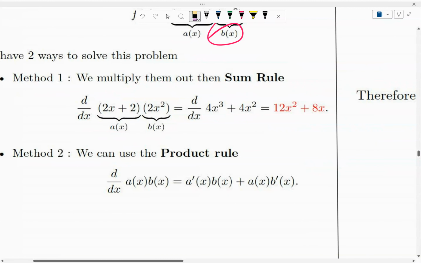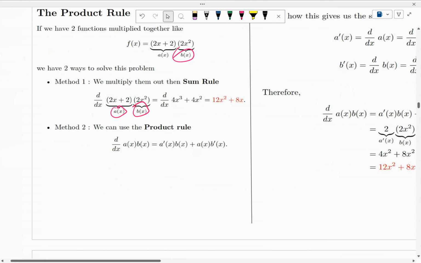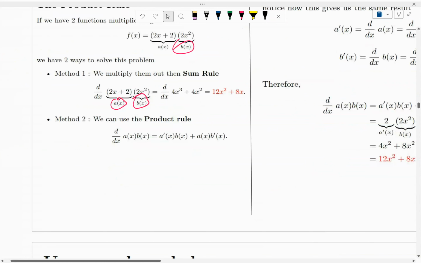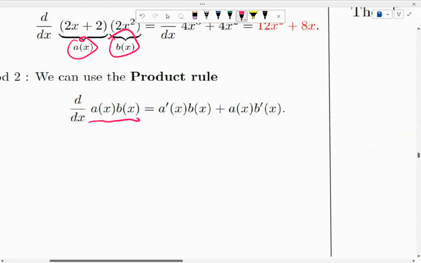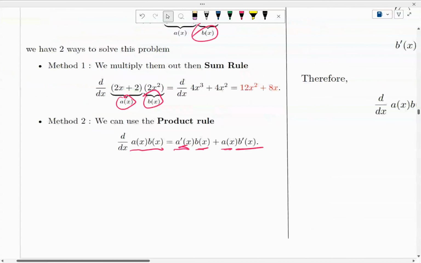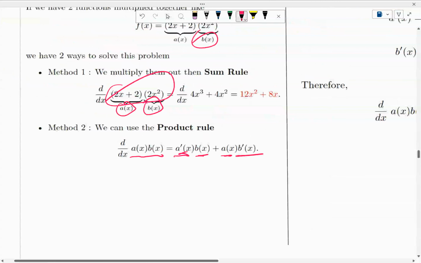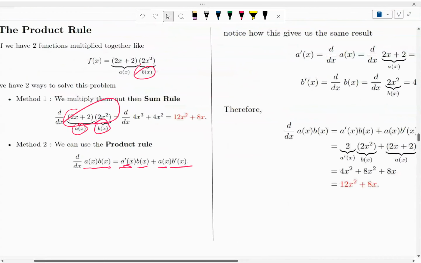Another way to do it is to treat them as two functions separately. If that's the case, the product rule says the derivative of the product of two functions is the derivative of a times b, and then a times the derivative of b. That is the product rule. And very often, if this is very big and complicated, you don't want to multiply the whole thing out. It's much easier to treat them as separate.